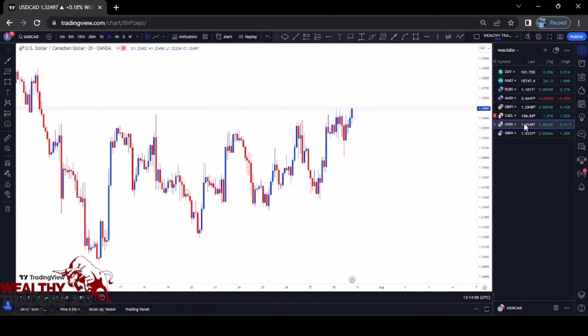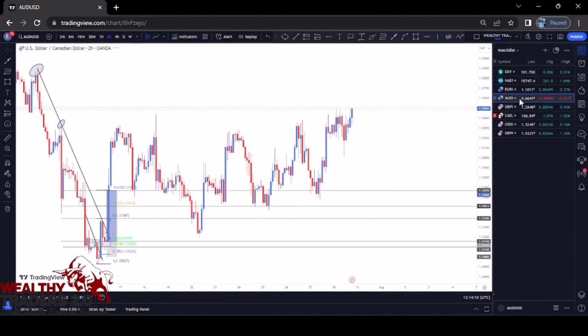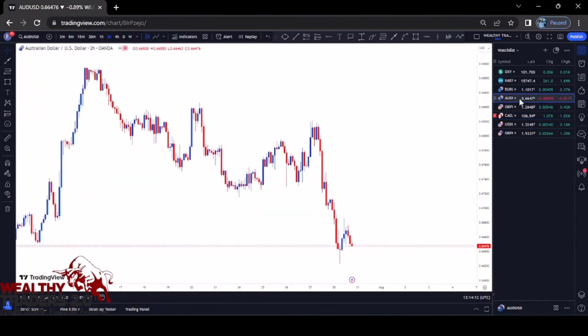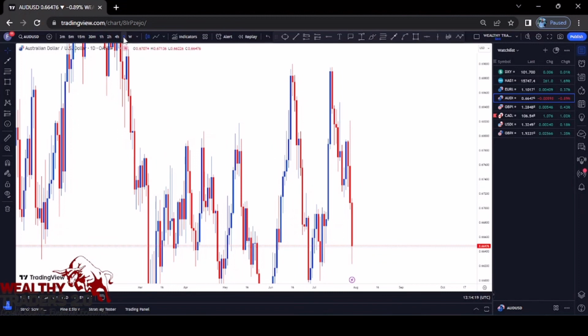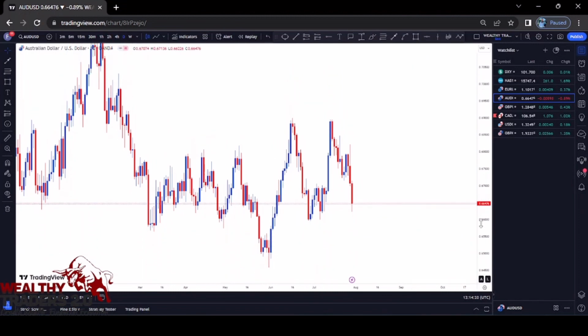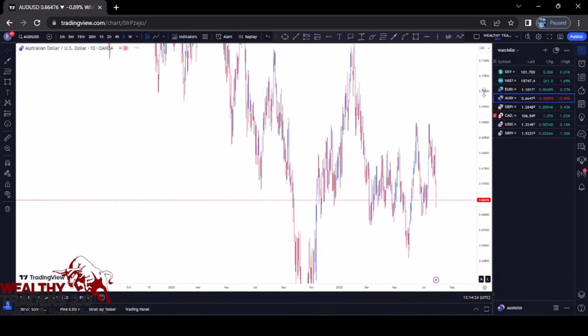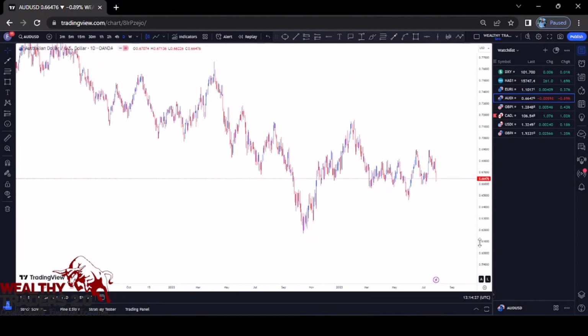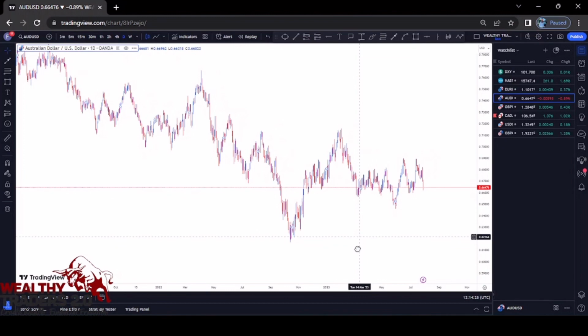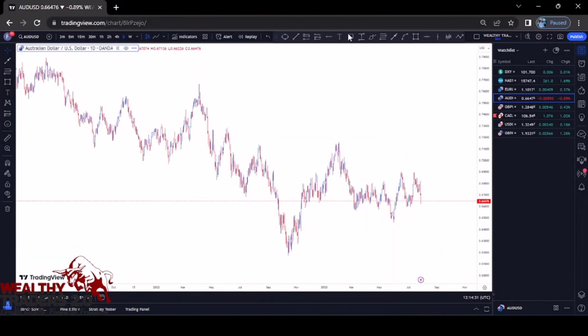Let's check AUD/USD. So now what's happening on AUD/USD? Let's go on the daily chart and see what's happening. So now, as you can see, AUD/USD has been ranging for the longest time. There is no clear direction of where the market is going on AUD/USD.